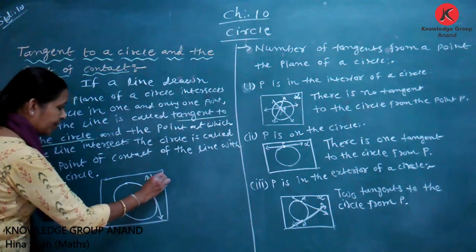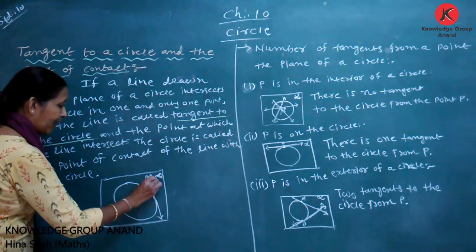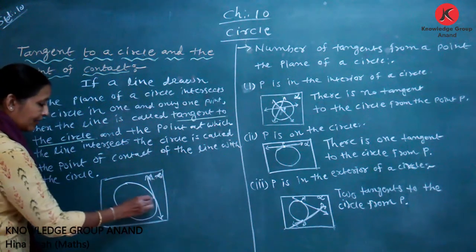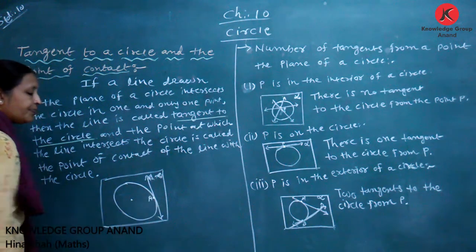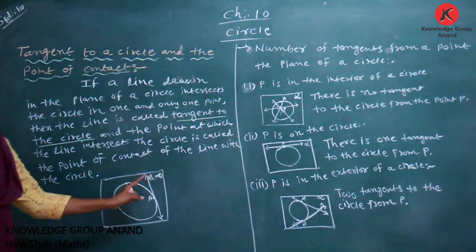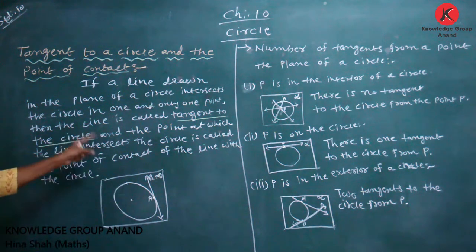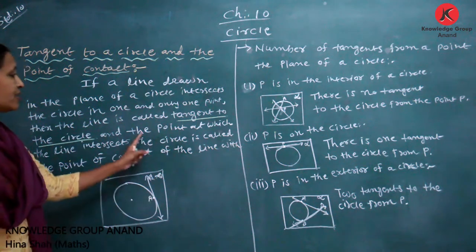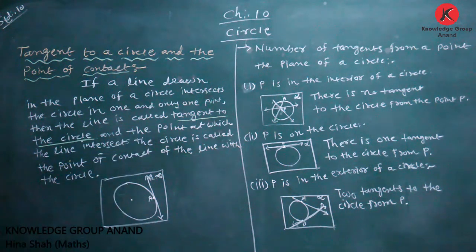Line L in plane alpha intersects the circle at point A, which is one and only one point, then this line is called a tangent of the circle.